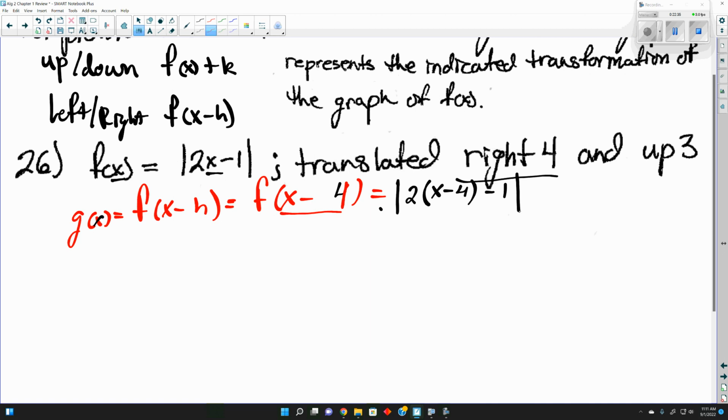So all I did was took the x and replaced it with x minus 4. Questions on this here? Now we do need to simplify. We'll have to distribute the 2. Absolute value, 2 times x is 2x. 2 times negative 4 is negative 8, minus 1.